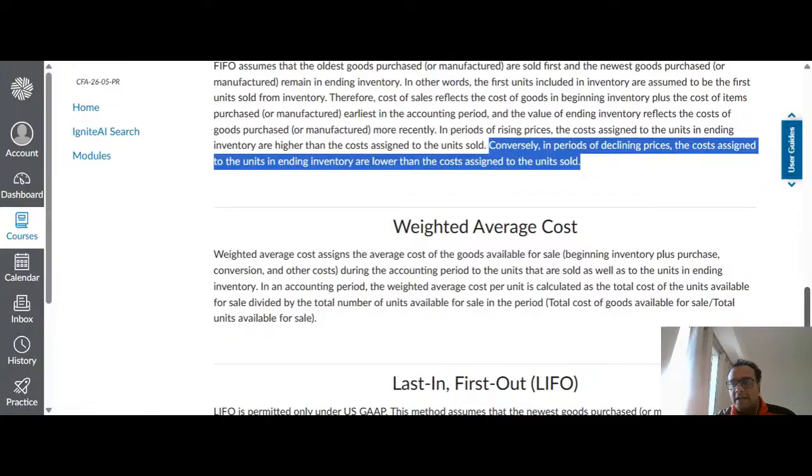If I am valuing using FIFO, then I will assume that if I have to buy the stock again next year, I will be buying it at declining prices, and therefore the value I put on my inventory will be at the declining prices. Therefore, if there are declining prices, the cost assigned to the units in ending inventory is lower than the cost assigned to the units sold.